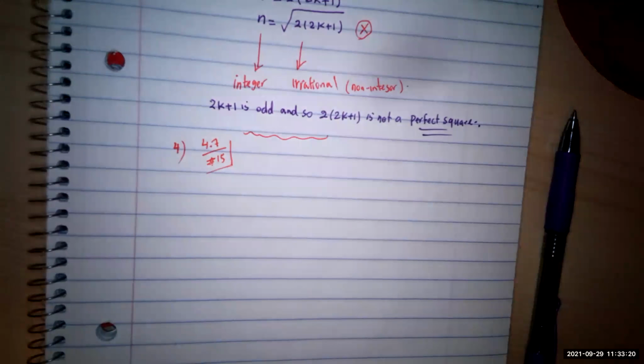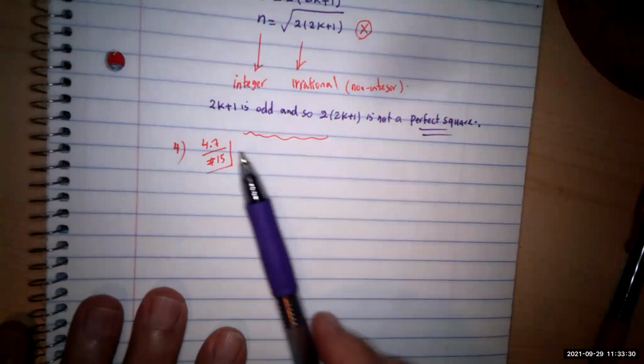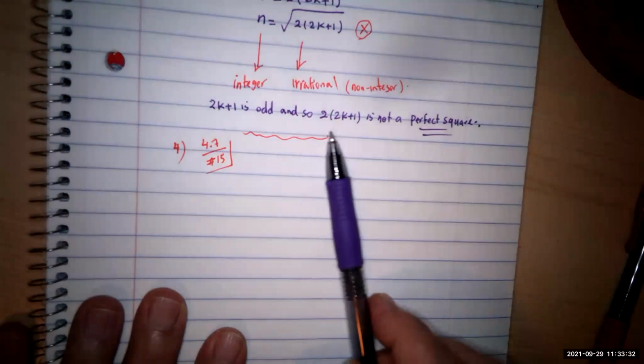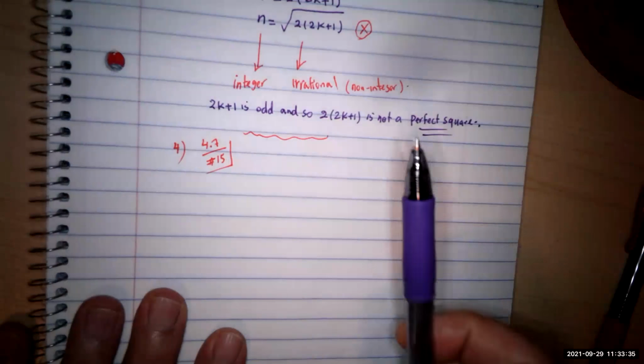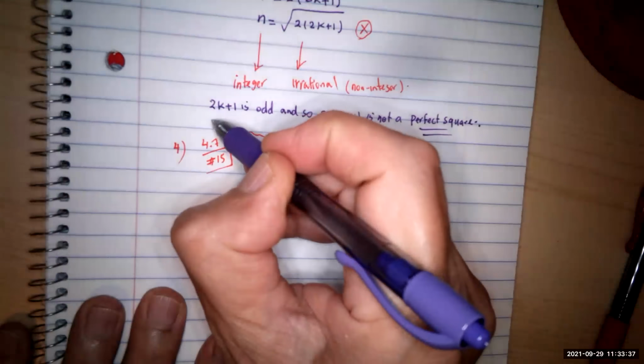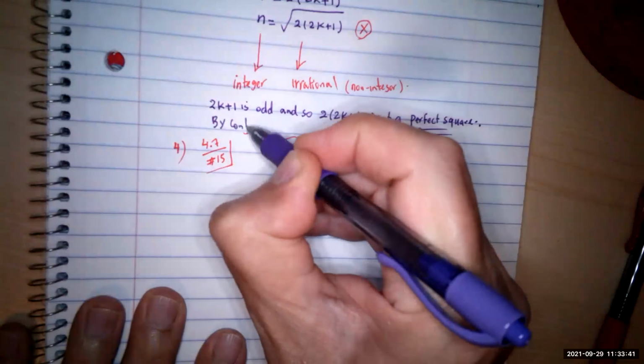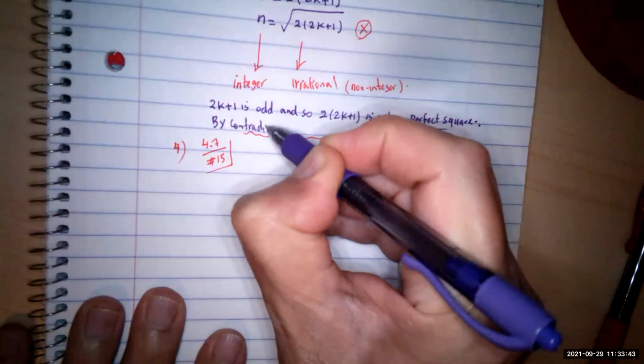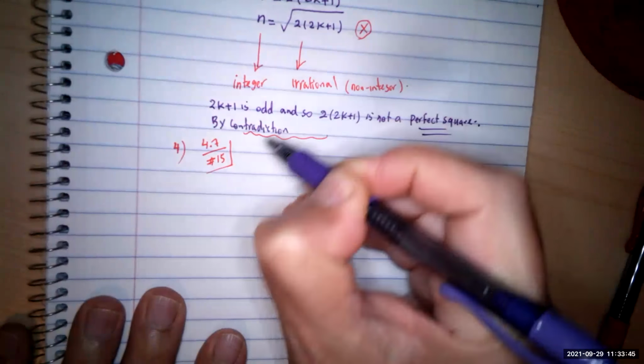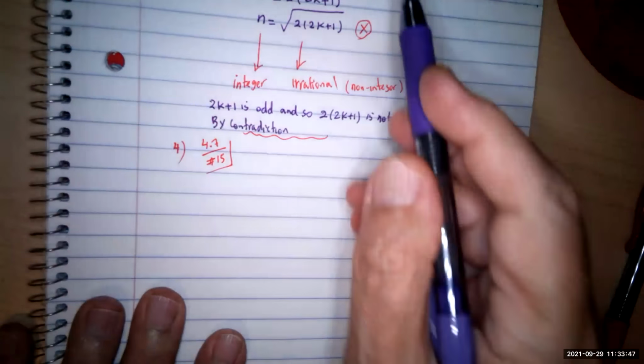Okay, this is the most general one of these problems. So what is the most general one? Oh, I just didn't finish this one, sorry. This is going to be 2k plus 1, so we get a contradiction. So we have to say that by contradiction, what was the result?